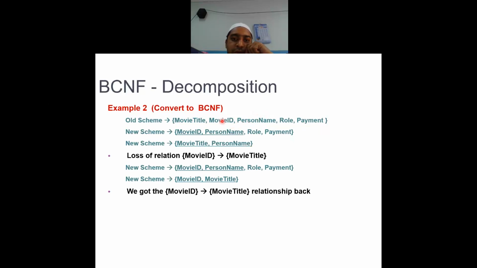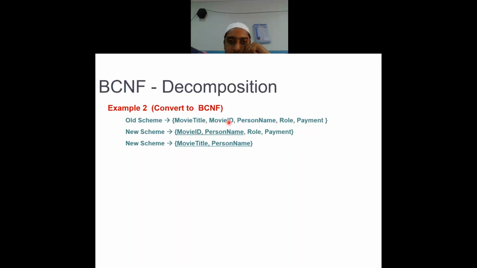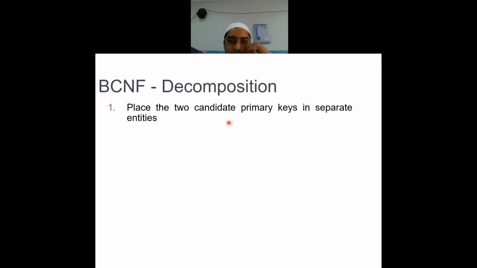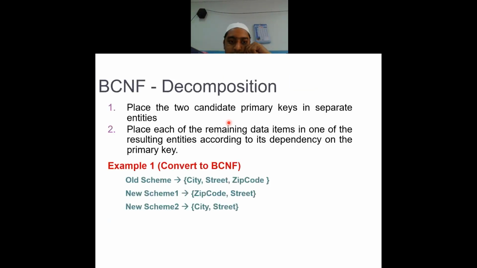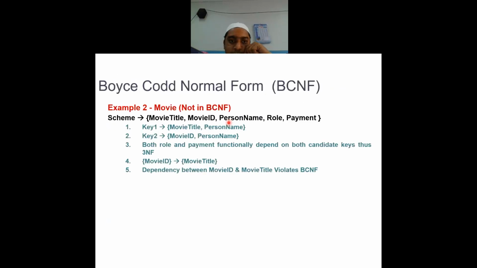Now I was having movie ID and title. Both were there as the alternate case, right? If we have a look at the back, what was there as the candidate keys? These two, movie title and ID. I can take any one of them in the new table.